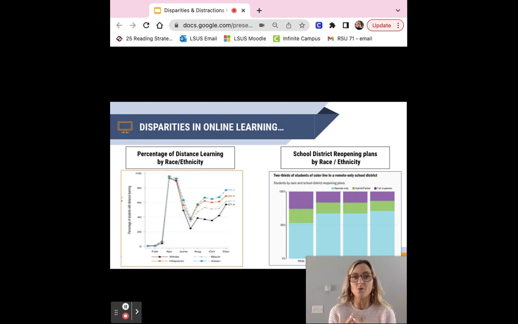The disparities widened throughout autumn. So we are all doing this together, and then it starts to separate. In October, 35% of white students were exposed to distance learning compared to 51% of Black students, 60% of Hispanic, and almost 65% of Asian.